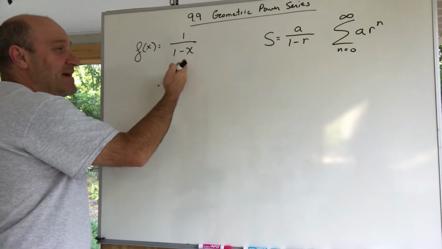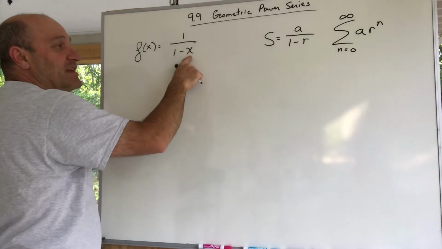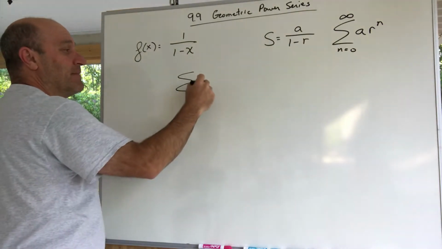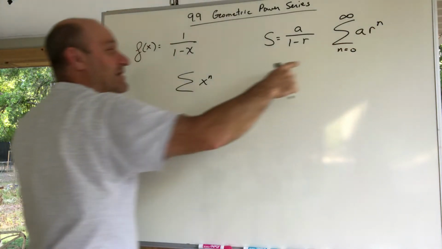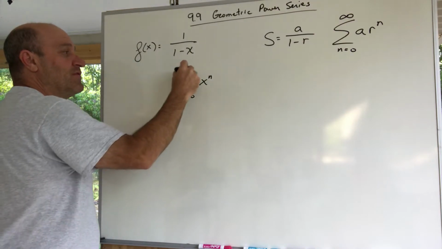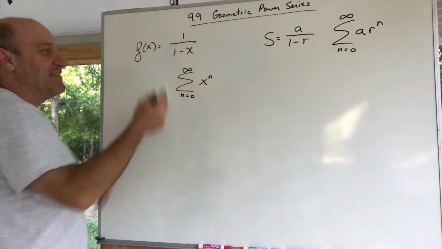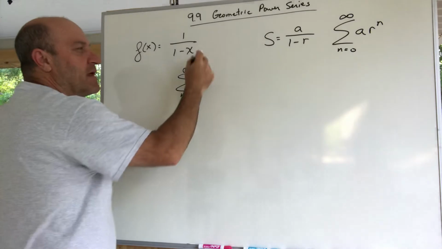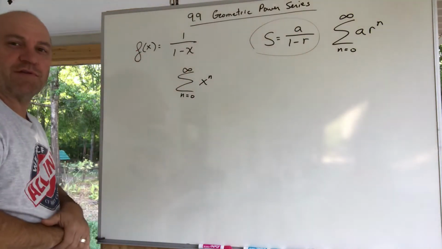So maybe my a is a 1, my r is an x, and I could write this as a series, x to the n, from 0 to infinity. So, that was easy. This function can be written as this series, thanks to the connection you make by making it look like the sum of a geometric series.